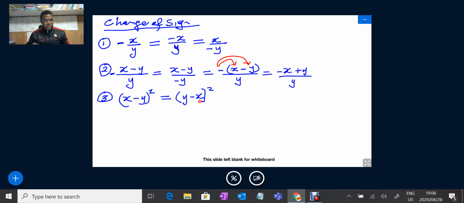I'm saying this because we had x minus y all squared, which then I swapped around the positions of x and y, and this is what I did.